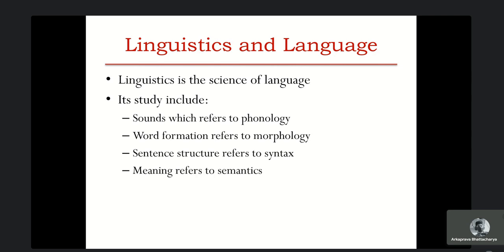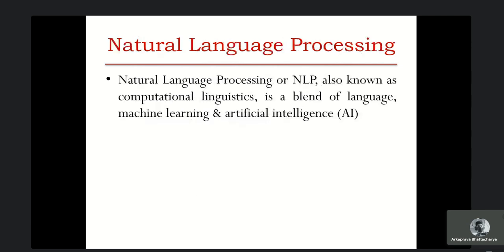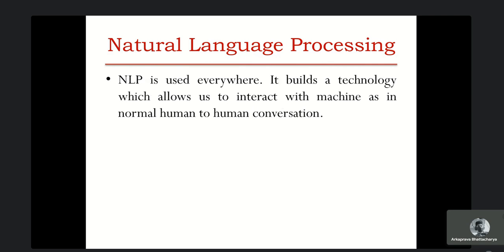If you are looking into meanings, we refer to it as semantics. Next, understanding refers to pragmatics. So let us get into the actual definition of natural language processing. Natural language processing, or NLP, is also known as computational linguistics. It is a blend of machine learning and artificial intelligence.